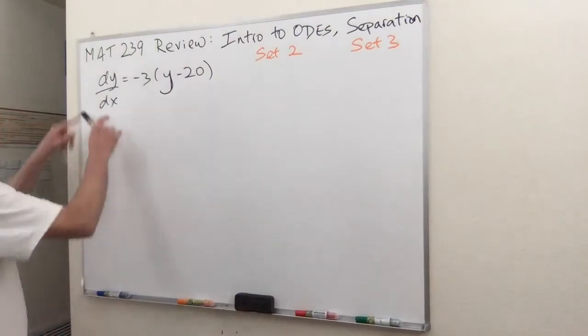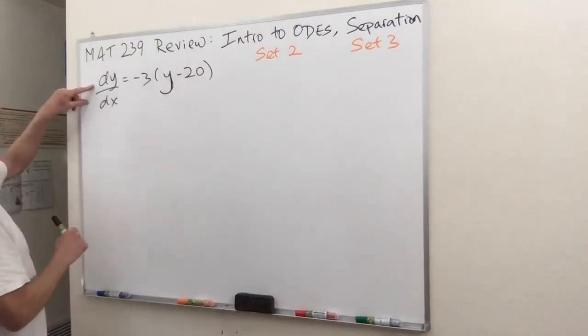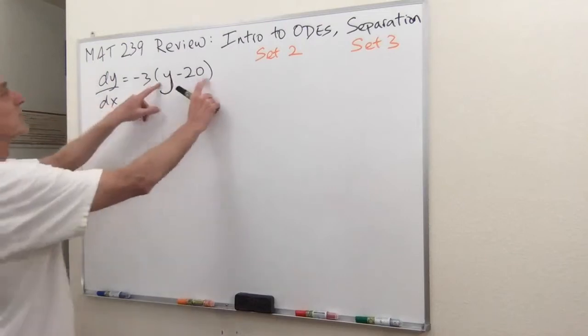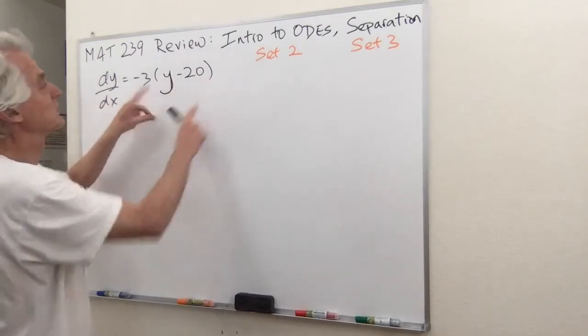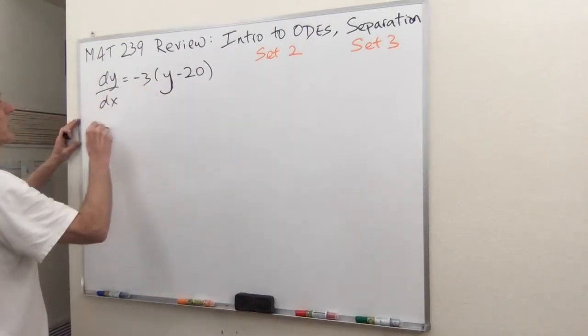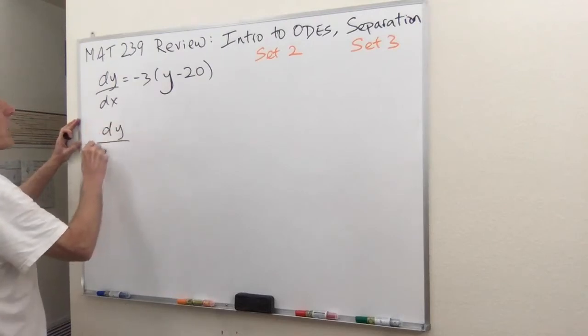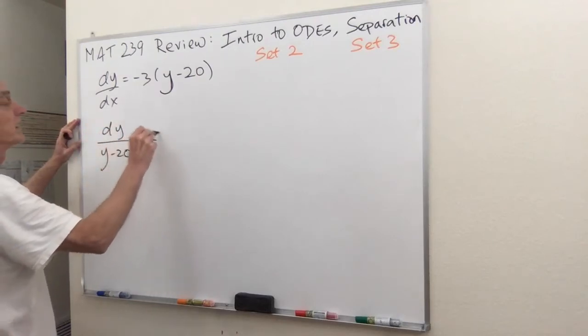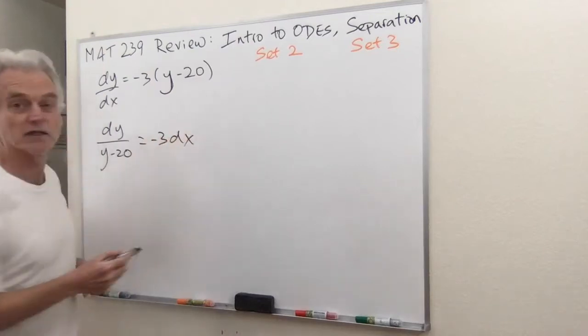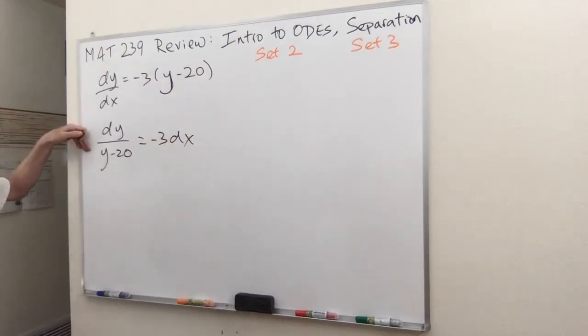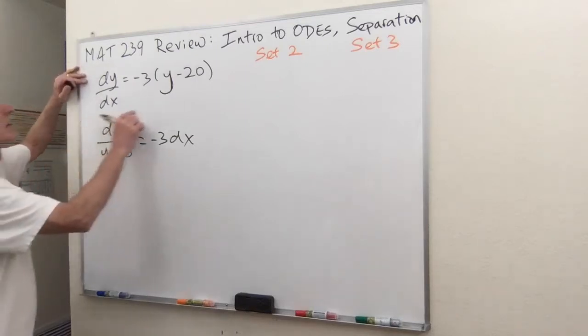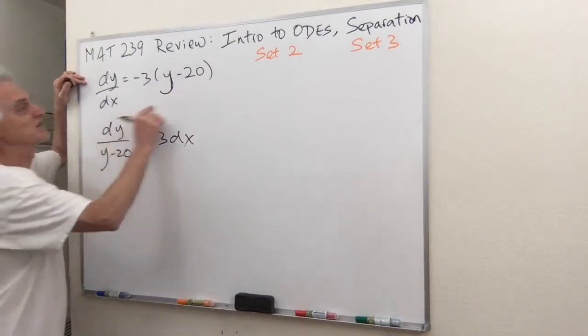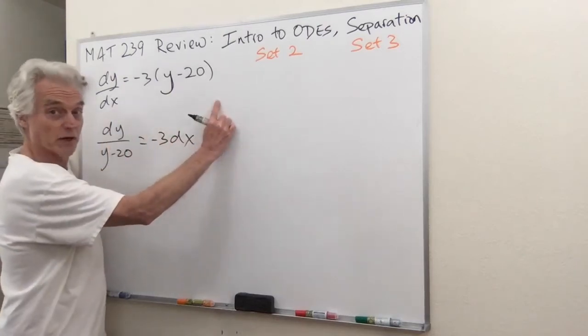Okay, so I can take this, multiply both sides by dx, divide both sides by y minus 20. It's kind of like cross multiplying. I can do dy over y minus 20 is -3 dx. This formal manipulation, okay? This ODE is separable, means I can separate it.